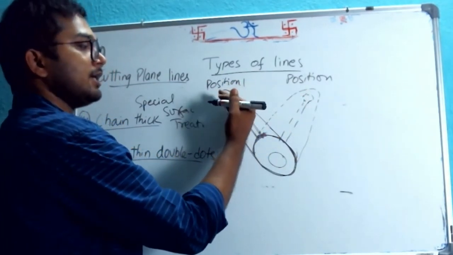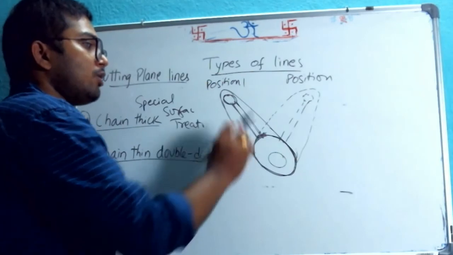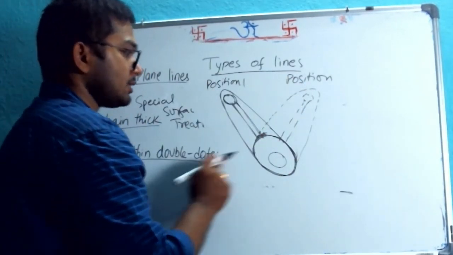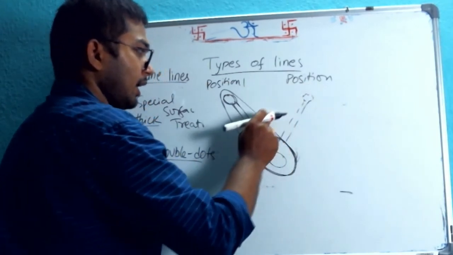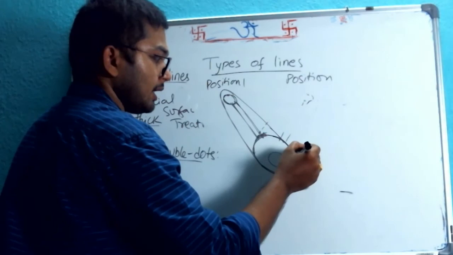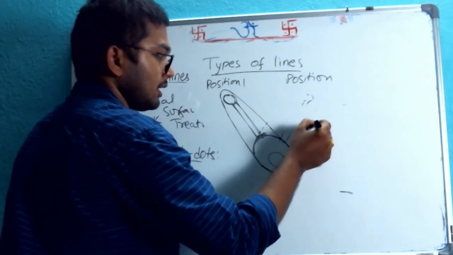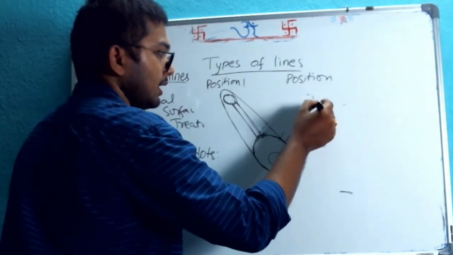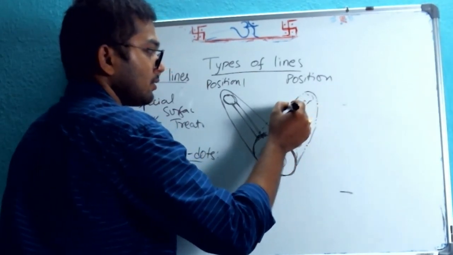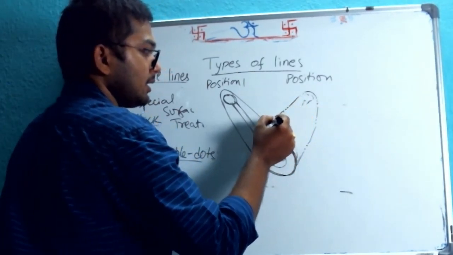At time 1 it is here, at time 2 it is here. Then how to represent that motion? I will use chain thin double dots. That means these are represented not like this, but thin lines with double dots.